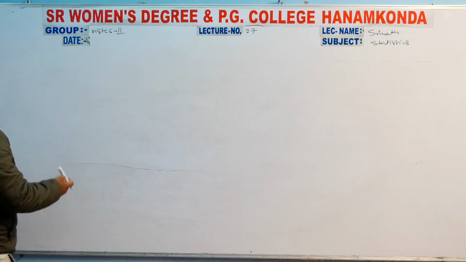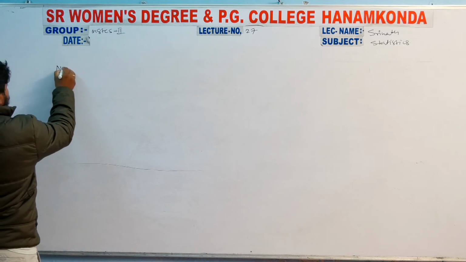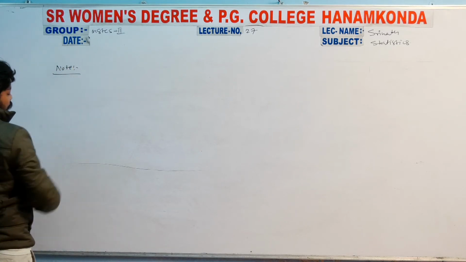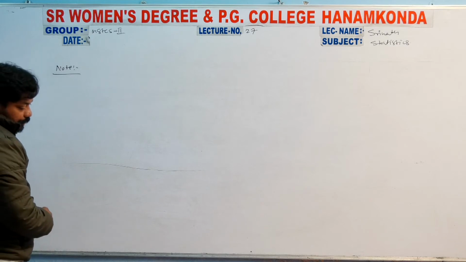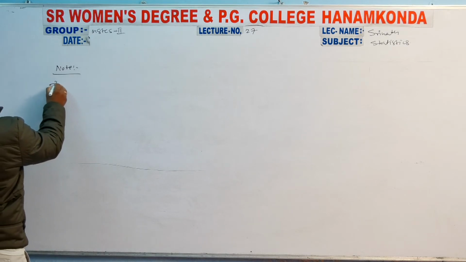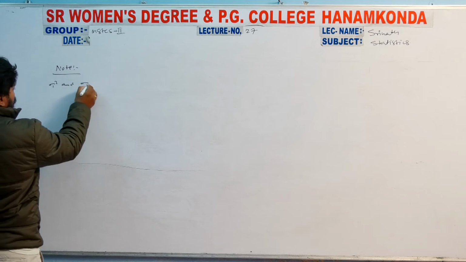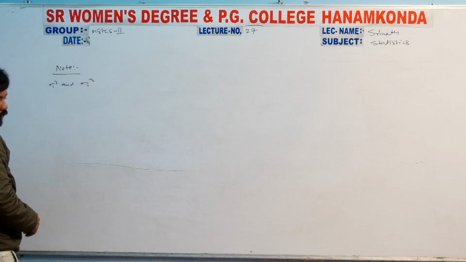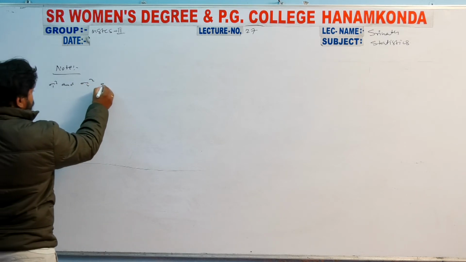And take a note here: sigma 1 square and sigma 2 square are not given.